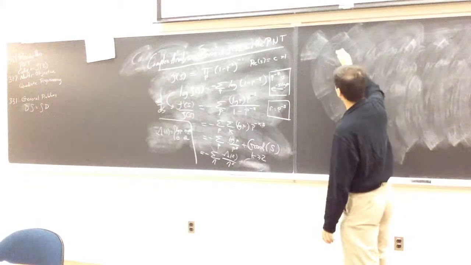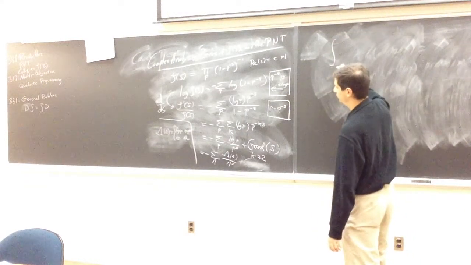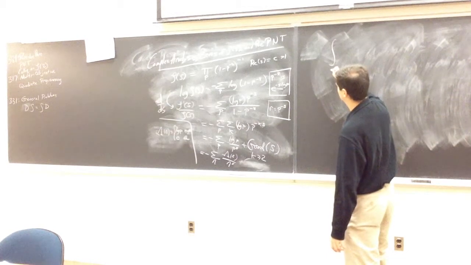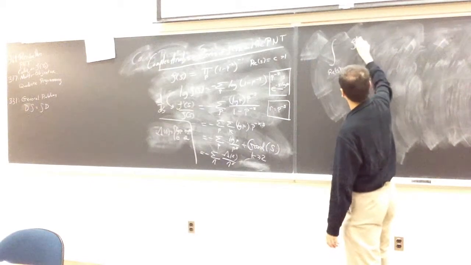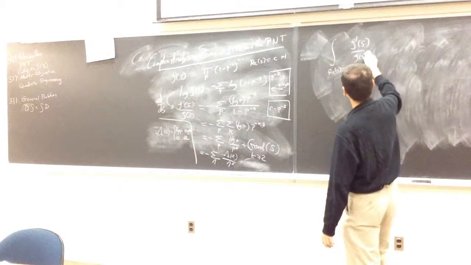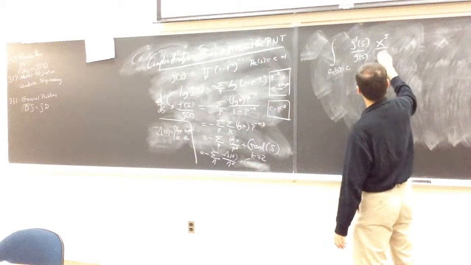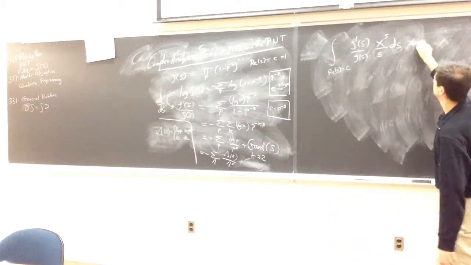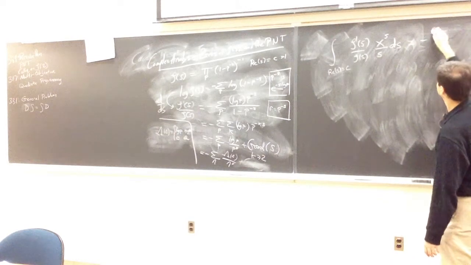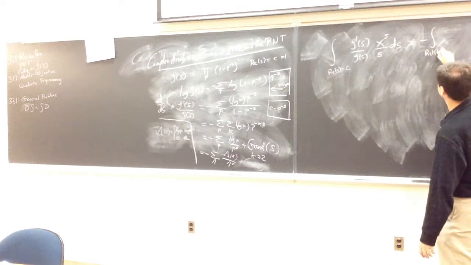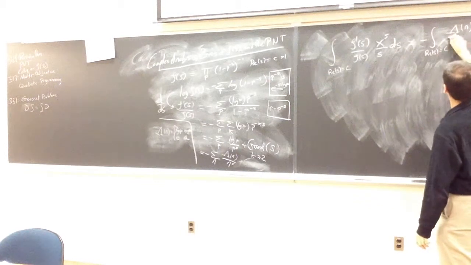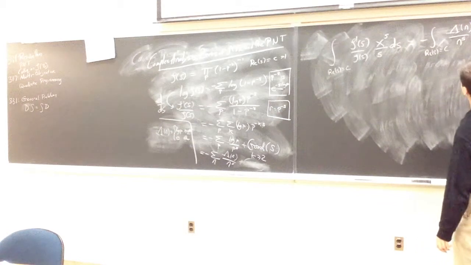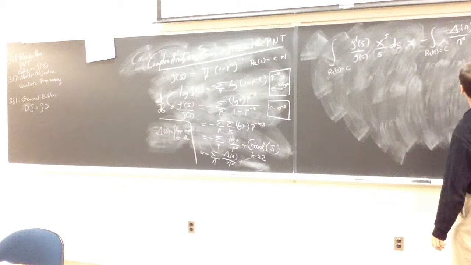So we're going to start, we will integrate from the real part of s equals c, zeta prime of s over zeta of s, x to the s over s ds. This is negative the integral, real part of s equals c, lambda of n over n to the s, x to the s over s ds.